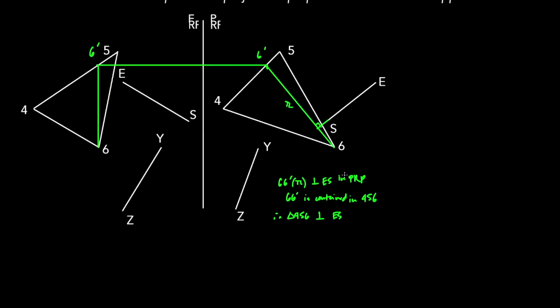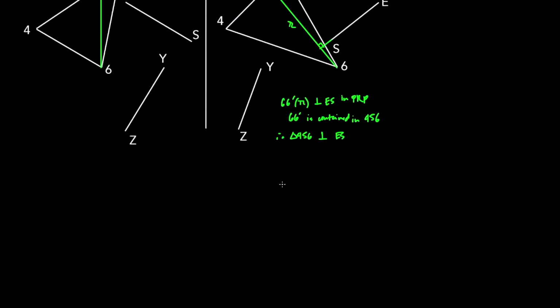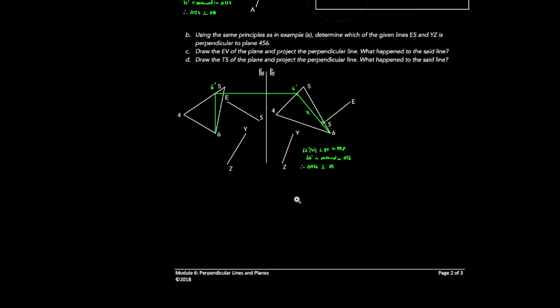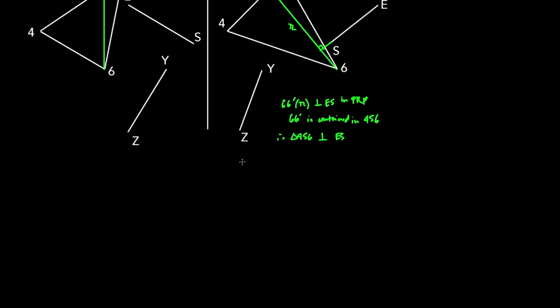Pwede ganyan. Tapos, similarly, pwede rin ang proof nyo is 6, 6 prime. Pwede ko i-copy na lang to. Let me just copy this. Oh, mali. Is not perpendicular to XY PRP, and 6, 6 prime is contained in 4, 5, 6.